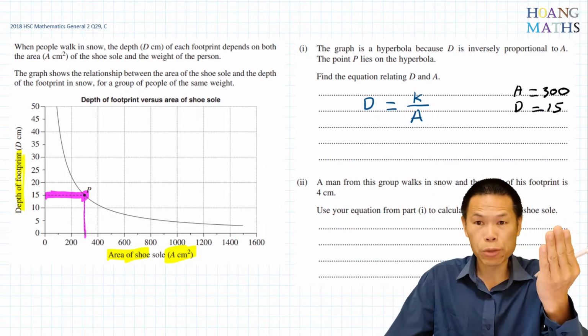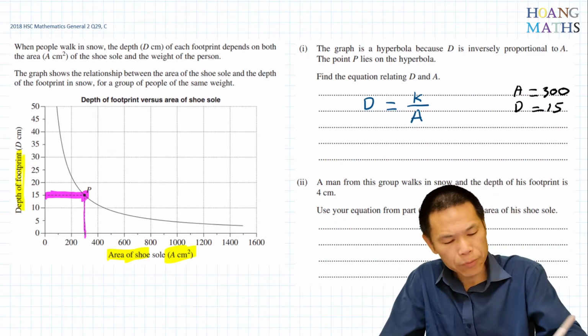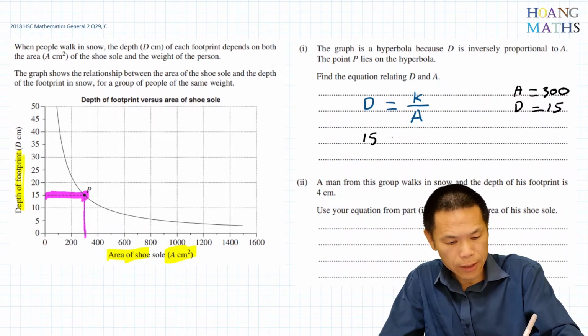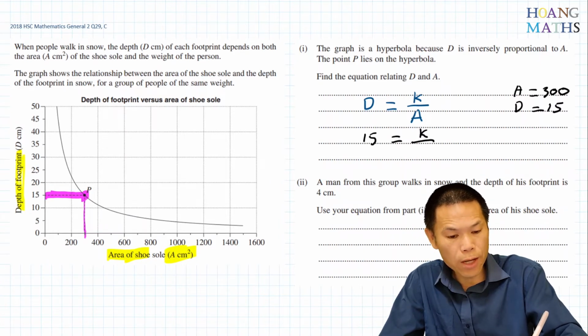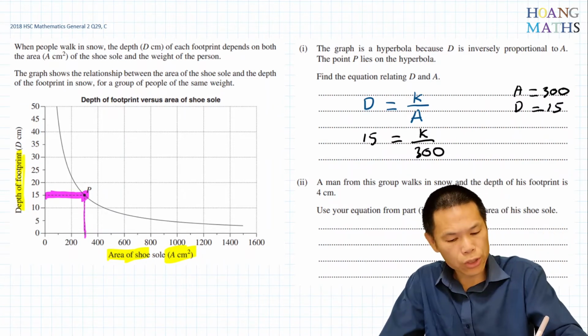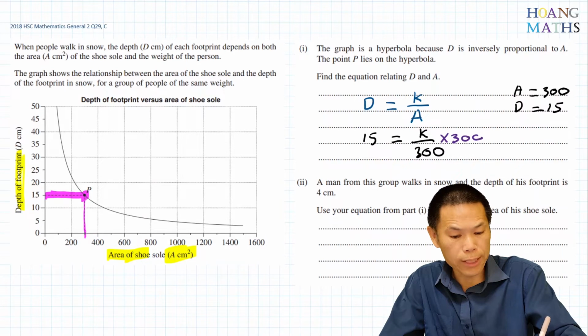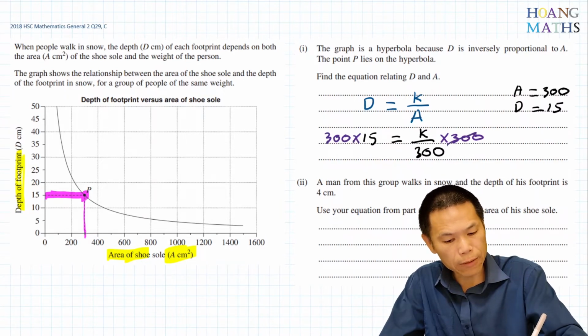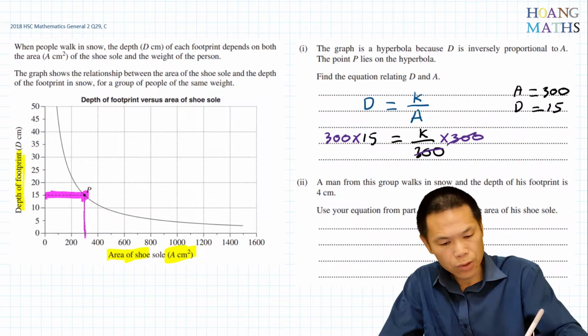Now we use this point to find the value of K. We substitute into the equation: 15 is equal to K over 300. To solve this, I multiply by 300 on both sides, so that cancels out.